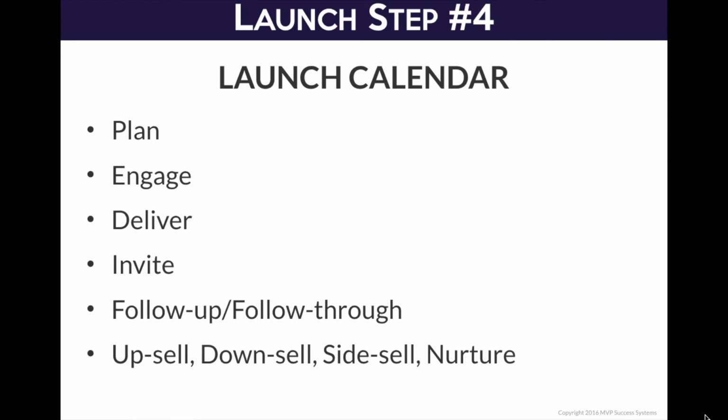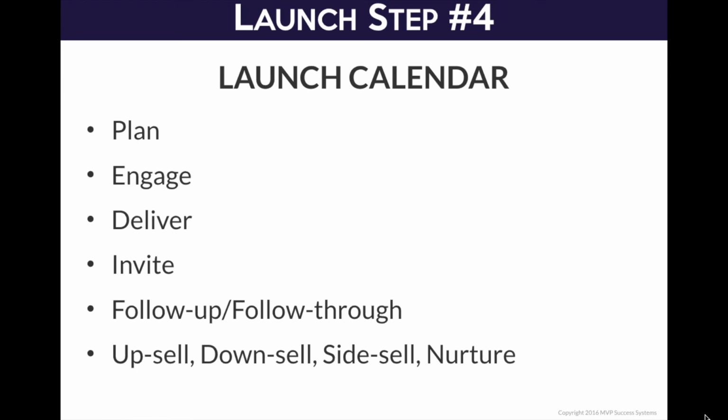And finally, phase number 6 is upsell, downsell, side sell, and just all around nurturing of your community. And part of your community, the biggest part of your community, are the people that didn't buy your program. And most people, in my experience, forget about the people that didn't buy the program.